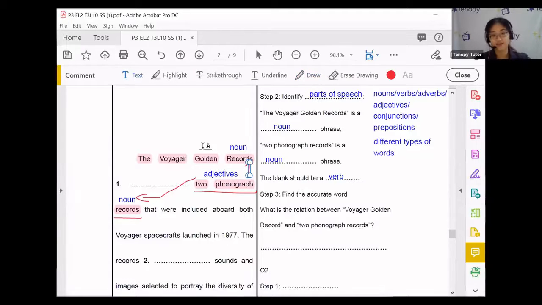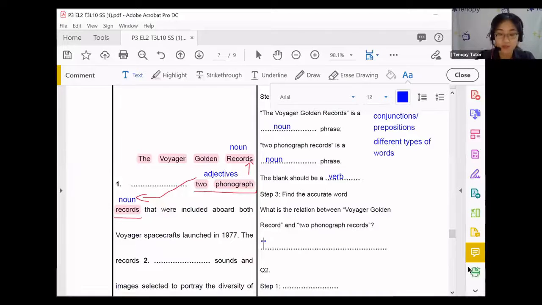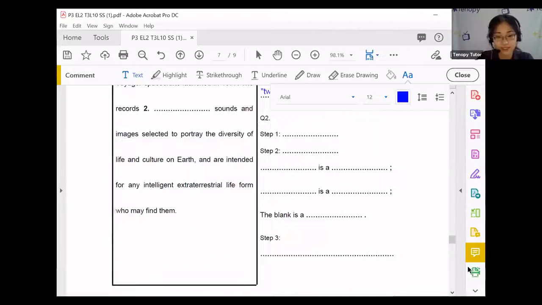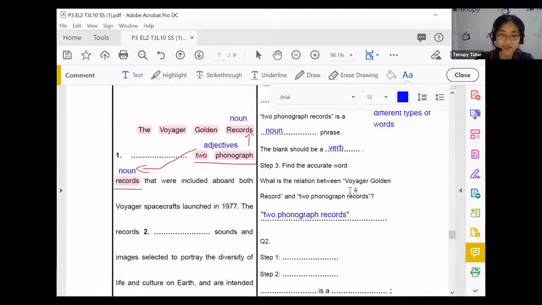All right. Okay, so the relationship between the two keywords that we highlighted: "two phonograph records" is the explanation of "Voyager Golden Record."